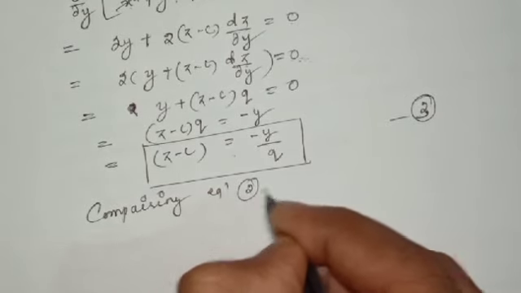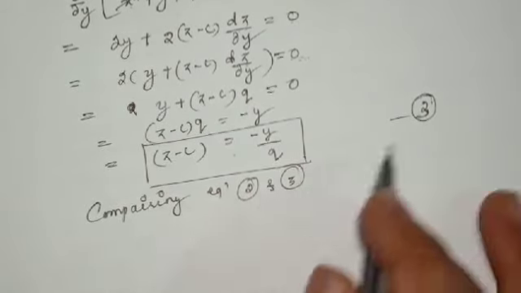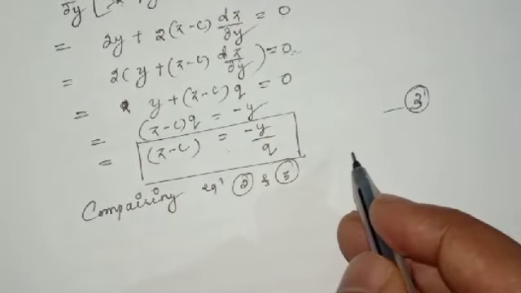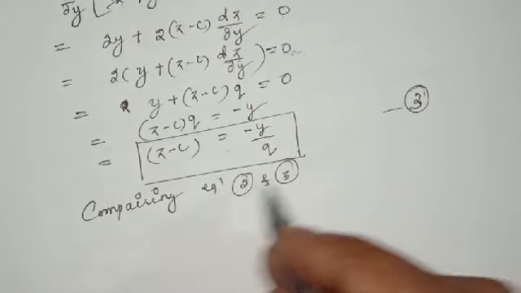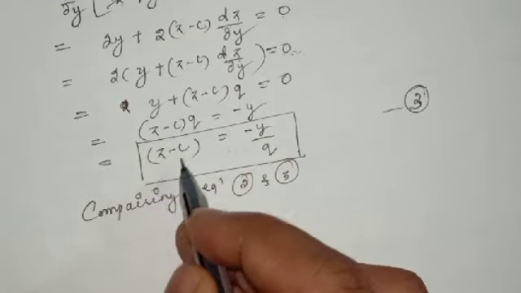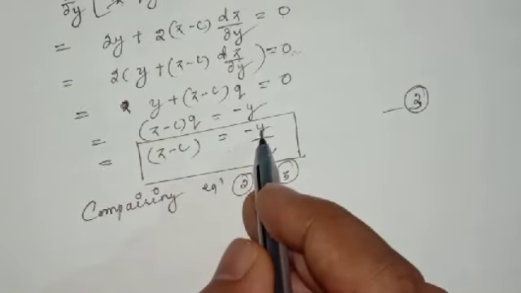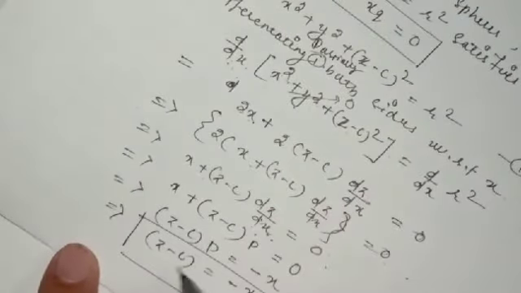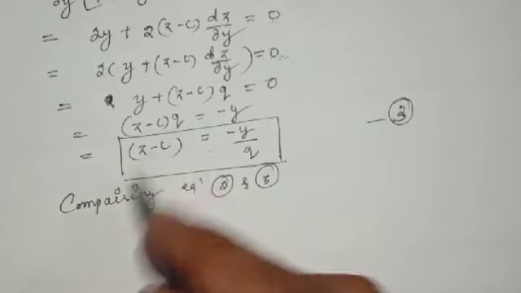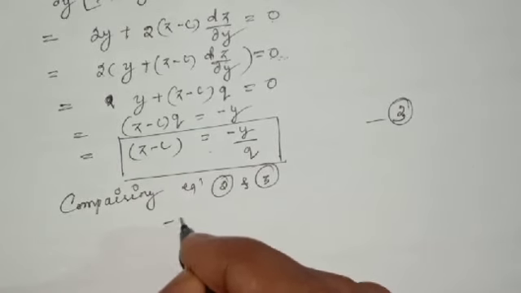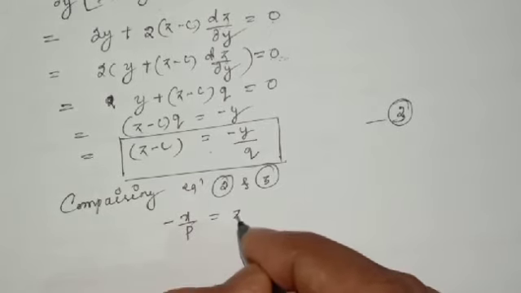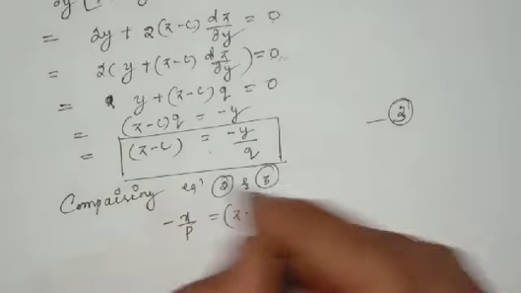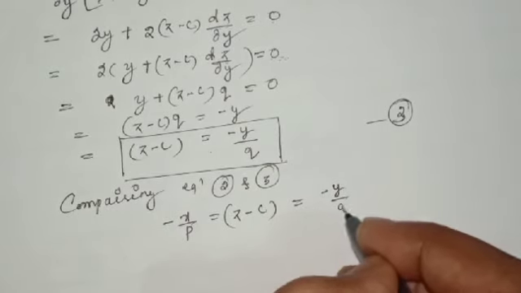Comparing equation 2 and 3, in both equations we have z minus c as a common. So we can write minus x by p is equal to z minus c, which is also equal to minus y by q.